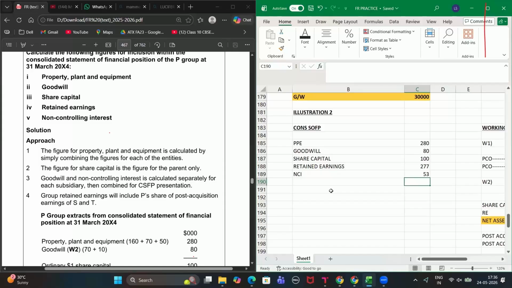You can expect this in section A and section B questions, the small calculations, that is the cost of investment, etc. But regarding consolidation section C, you will be receiving an advanced level question. So don't worry, we'll be working out a question after the break. Believe me, if you understand how you will tackle that question, you'll be able to score full marks in consolidated SOFP if it comes in the exam.